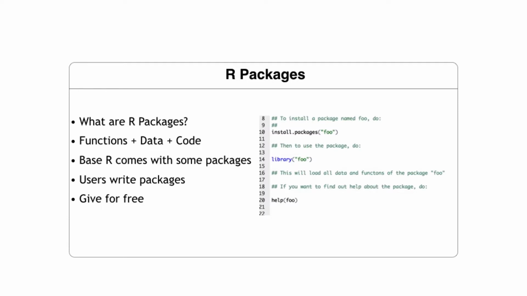R base comes with a sufficient number of bells and whistles, routines, tools, libraries, functions and data that you can use to accomplish most of your data analytical tasks. However, only relying on R base is not sufficient, nor is it necessary.